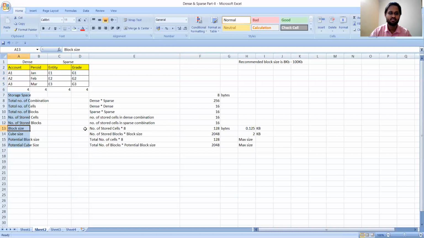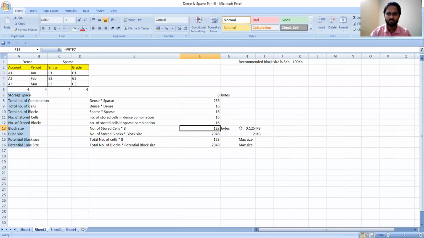The block size is the number of stored cells into 8 bytes. 8 bytes is what we have mentioned as the storage space, and the number of stored cells, as we know, is 16. So 16 into 8, 128 bytes.